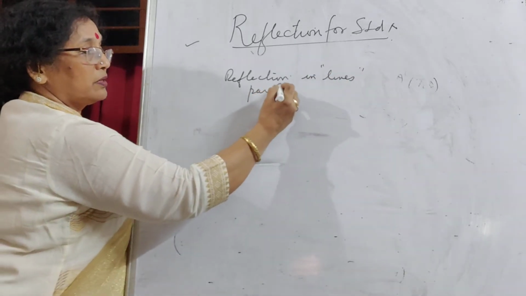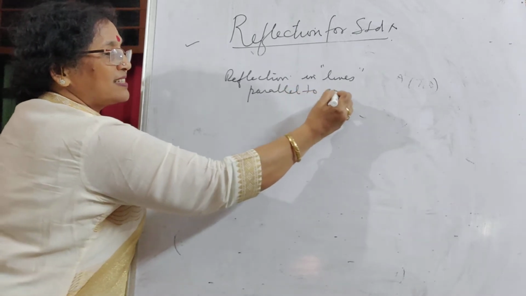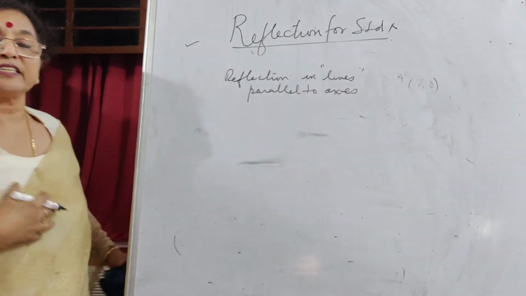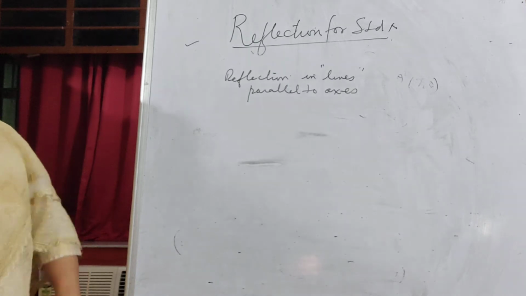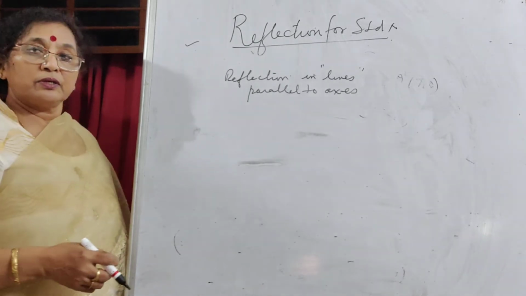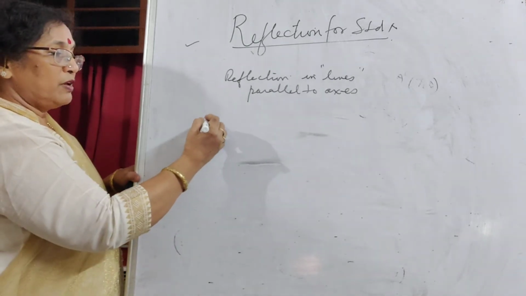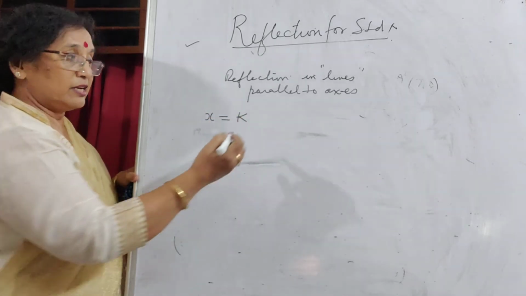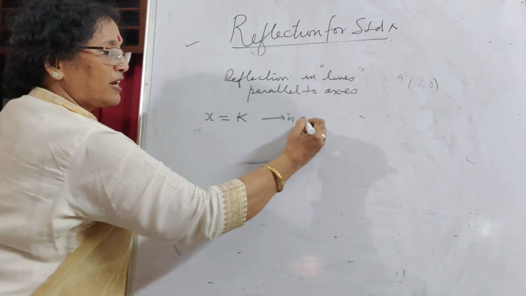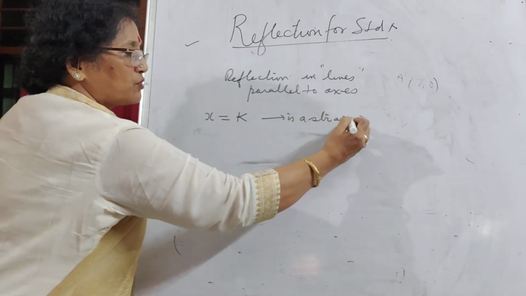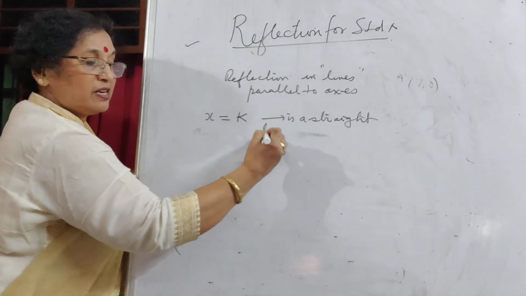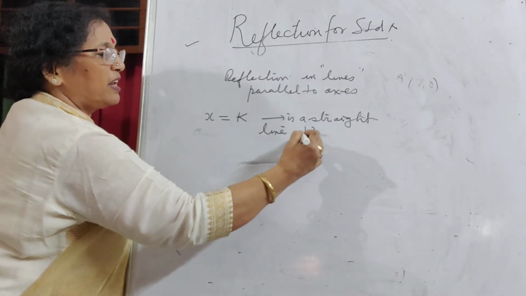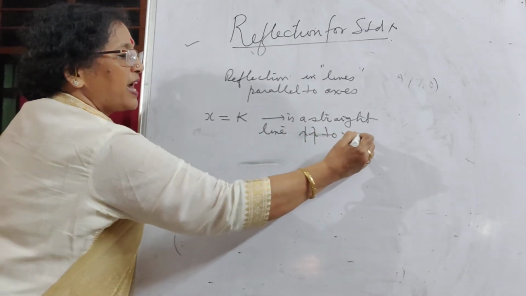Parallel to axis. Any axis, x-axis, or I use plural. So just write down, if you have x equals some number, this is a straight line parallel to the y-axis.